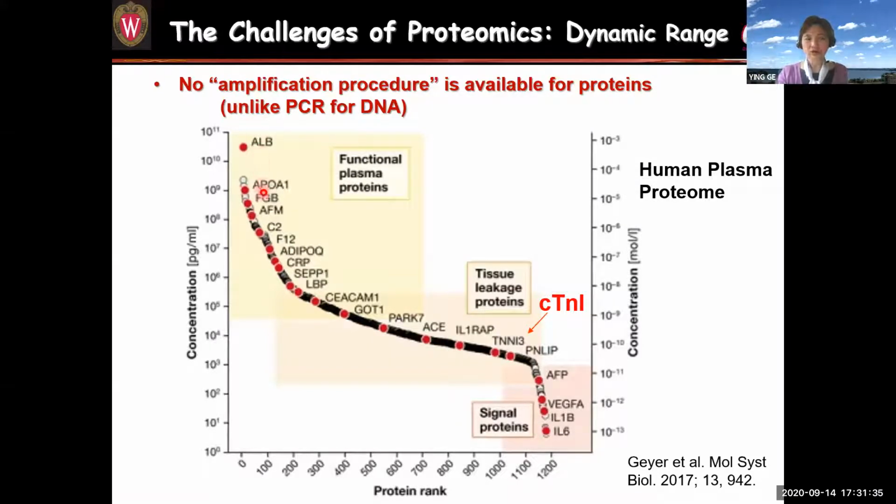It has almost 10 orders of magnitude higher abundance than those tissue leakage proteins such as cardiac troponin I. So cardiac troponin I is a biomarker for heart disease because it's supposed to stay in the heart in the healthy condition. So when the heart is injured, it gets released into the blood. So you can detect them in the blood. That's why they are called tissue leakage proteins. So they leak from tissue during the disease, and that's why they serve as a biomarker.